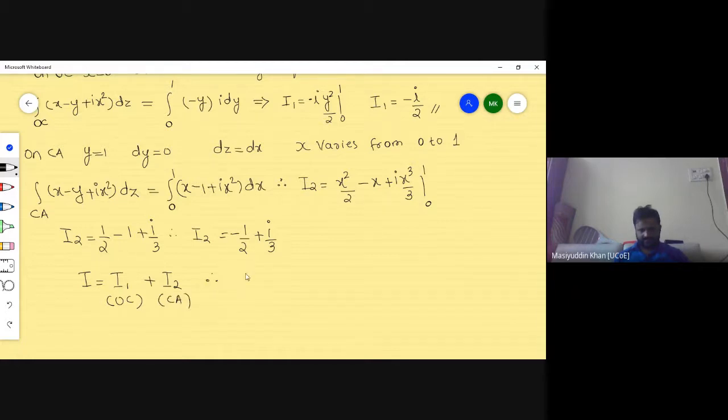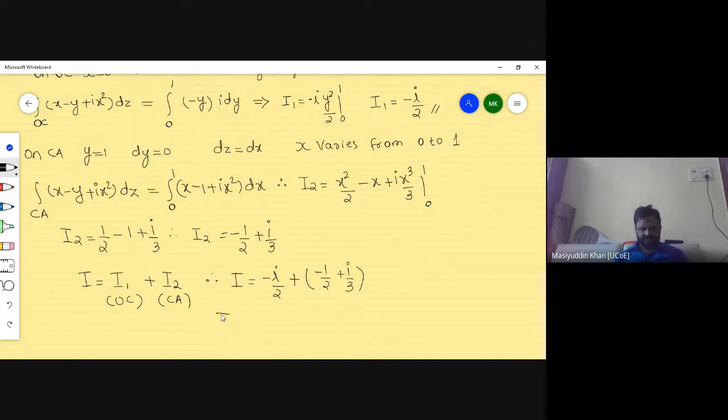Therefore I is equal to minus I by 2 plus minus 1 by 2 plus I by 3. So we have to simplify this part.